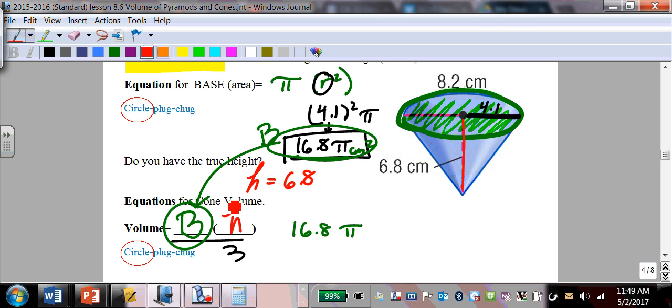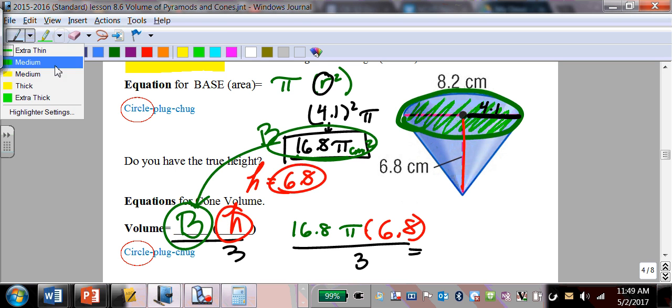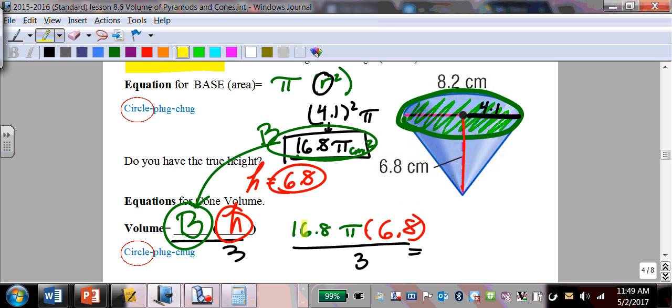Good. Nathan, what's our height? 6.8. And then we're going to divide by what, Jared? 3. Okay, guys, so basically you multiply the yellows, divide by the green, get the blue, and then just tack pi at it. Go.